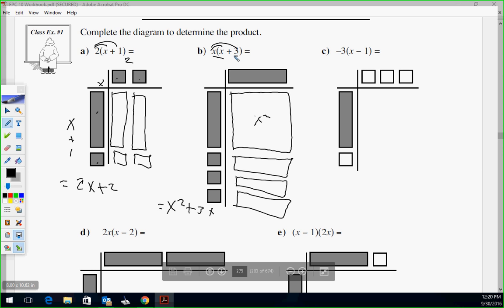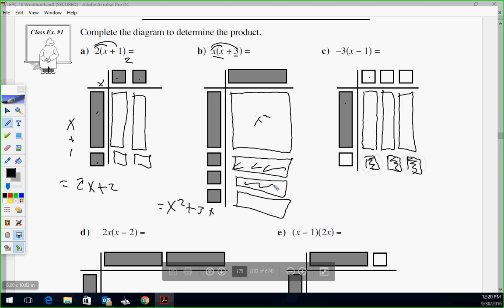Okay, one more. Now we have negatives involved. So then we have a negative times a positive is a negative x. So I keep that white. All these are going to be white. Okay, negative times a negative is a positive. So these 3 at the end will be dark. Okay, and all these are dark. Okay, so if I go through here and just double check, it's going to be negative 3x plus 3.